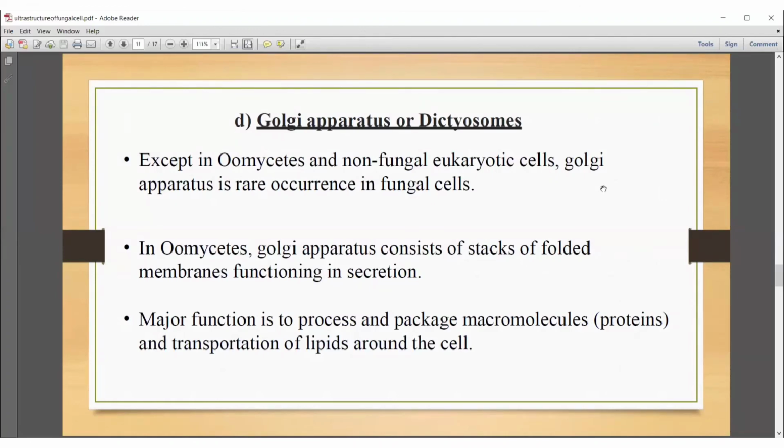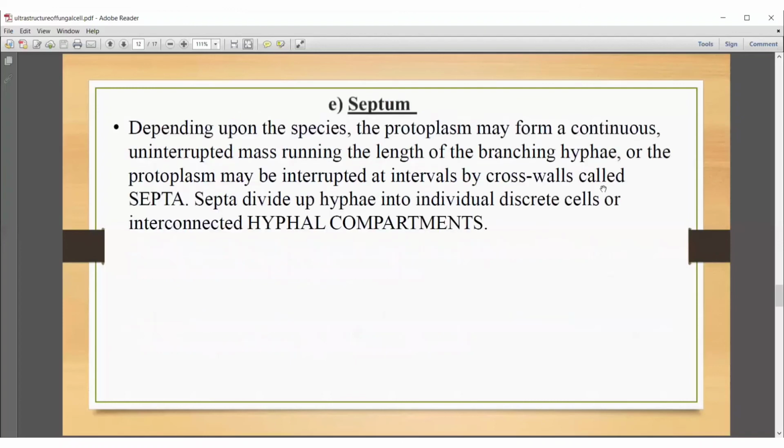For certain types of chemicals that are secreted, the Golgi apparatus functions in secretion. Major function is to process and package macromolecules. What is the function of Golgi apparatus in any normal cell? To process proteins and package proteins. Process and package macromolecules like protein and transport of lipid around the cell.